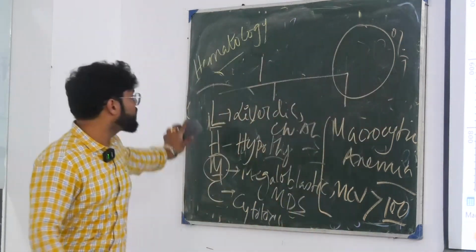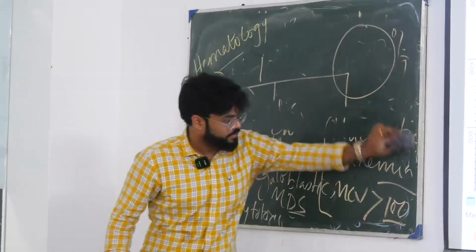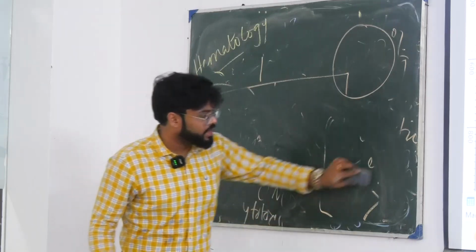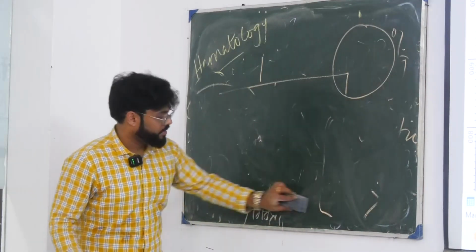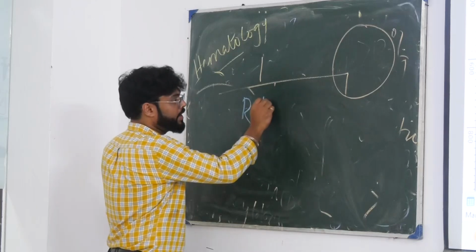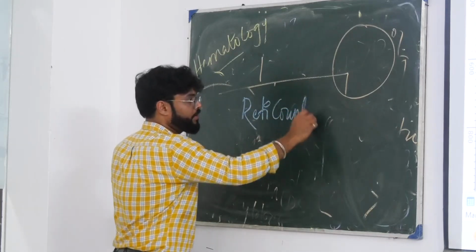Now, normocytic normochromic anemia. Causes can be differentiated according to the level of reticulocyte count. Reti count. Okay?